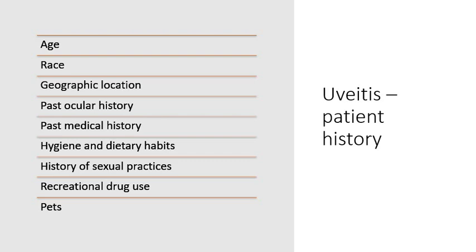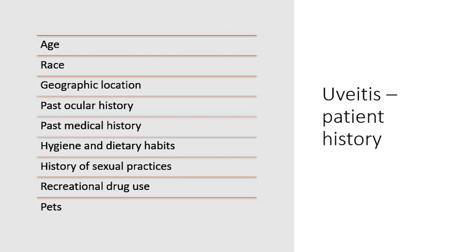Race is important because some races are predisposed to systemic conditions which involve uveitis, and some of these systemic conditions include a disease called Behçet syndrome, which is prevalent in certain races and quite common around Mediterranean, Middle Eastern areas, and also in people of Asian descent, particularly Japanese descent.